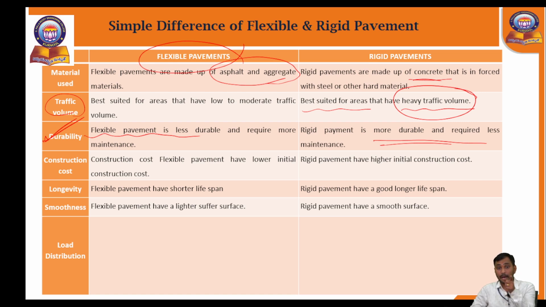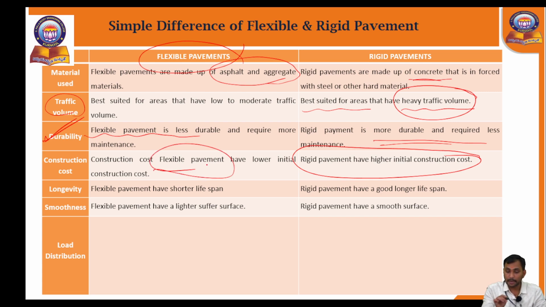The rigid pavement has a higher initial construction cost. But we invest the money only one time to construct the rigid pavement. For flexible pavement, maintenance, operations or repair works have to be provided every year. So in that sense, construction cost is somewhat better for rigid pavements.